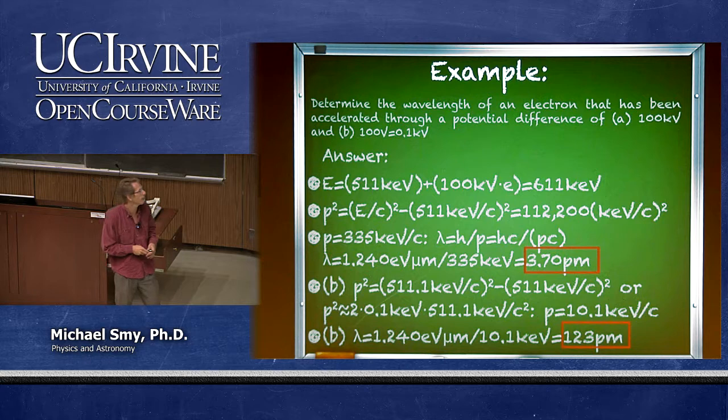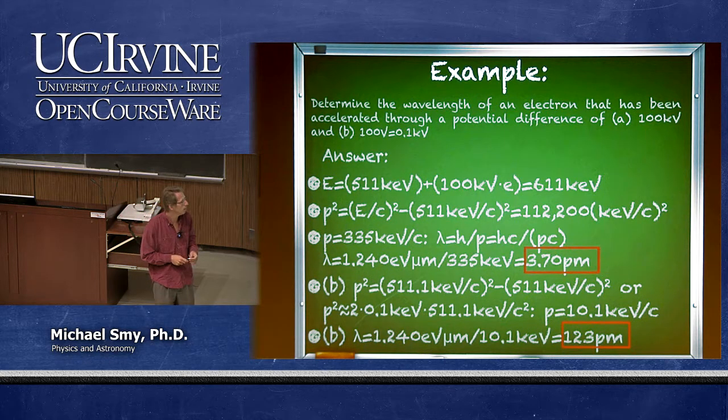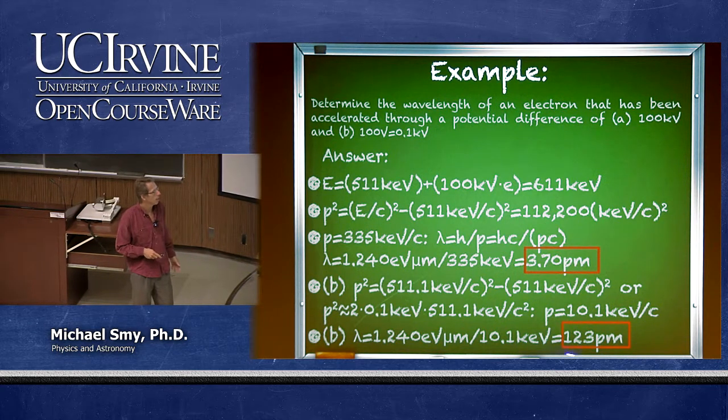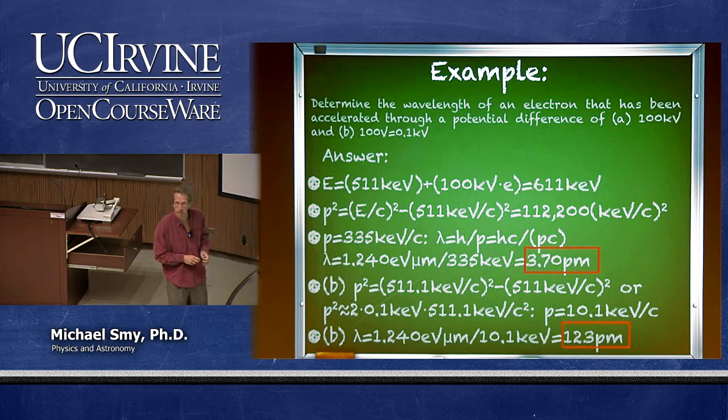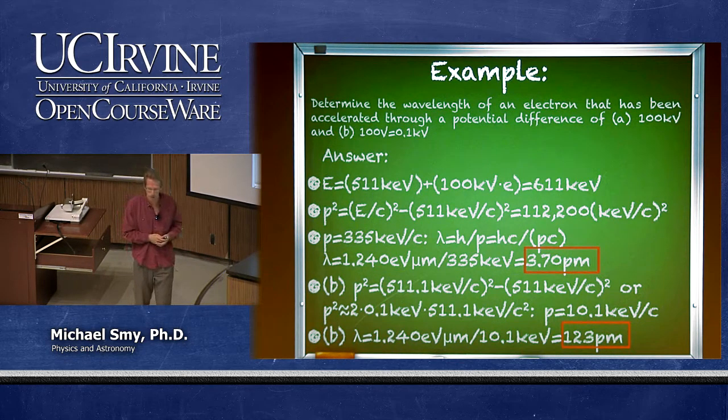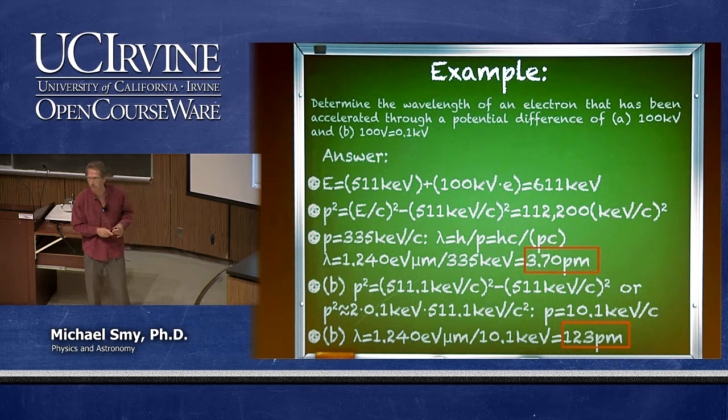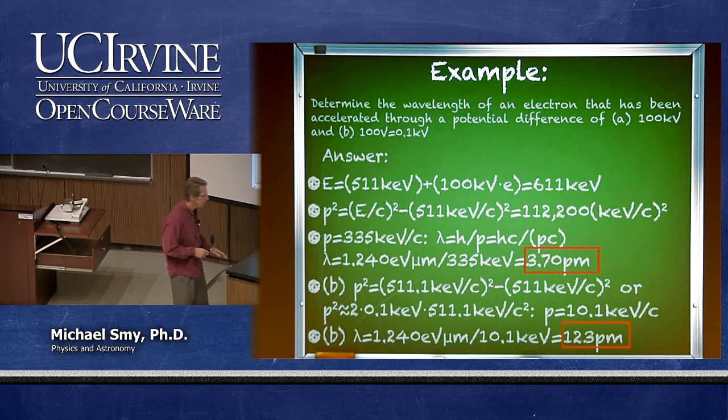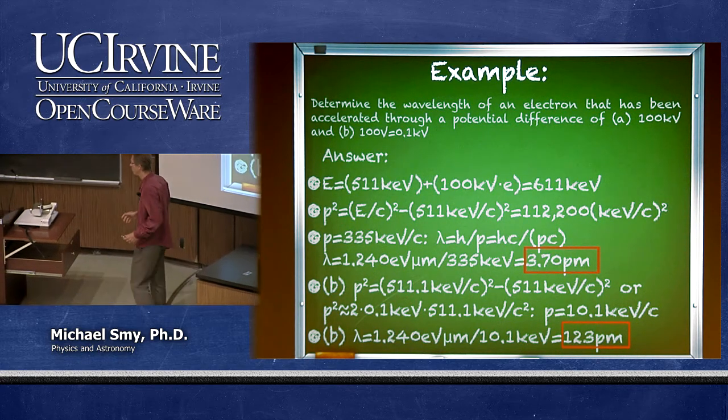And in both cases, I get 10.1 keV per c as the momentum of the electron. Using the same relation, this gives me 123 picometers. So that is in the X-ray range of wavelengths. In other words, if you accelerate electrons by reasonable potential differences, like between 100 volts and 100 kilovolts, you get wavelengths that correspond to gamma rays to X-rays for photons.